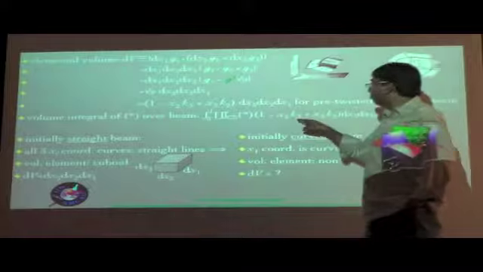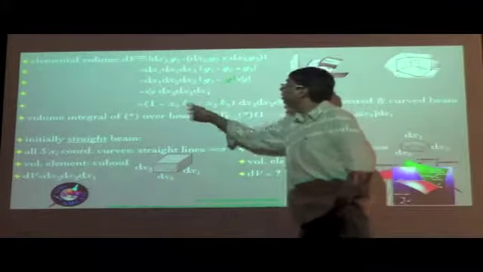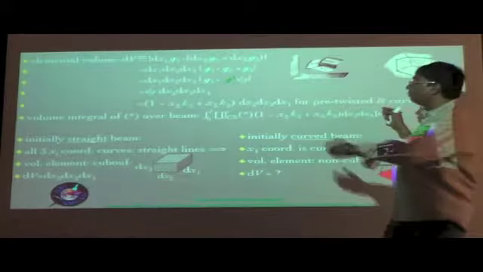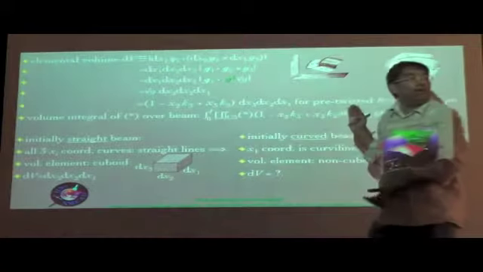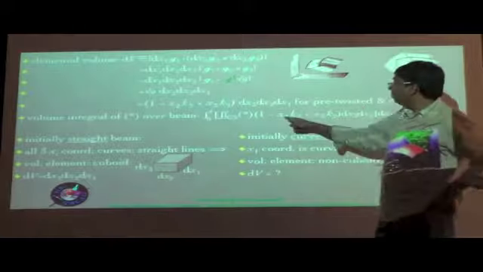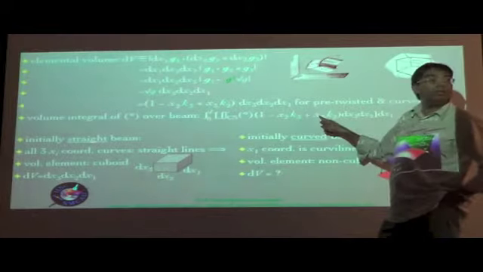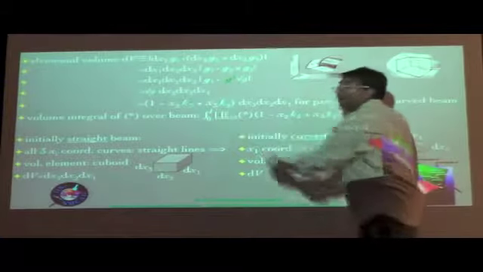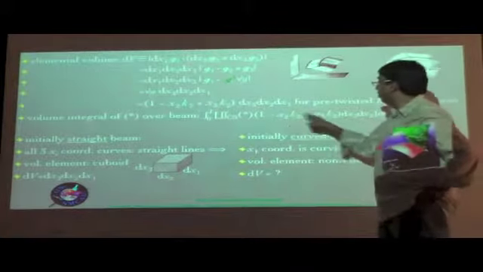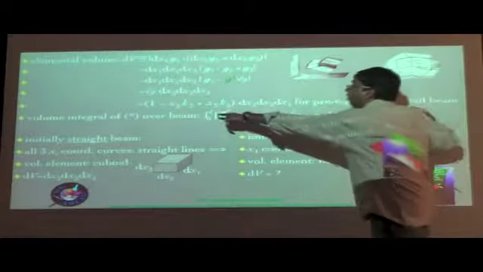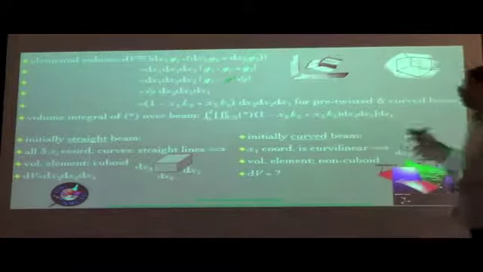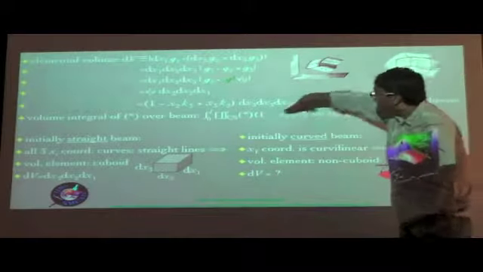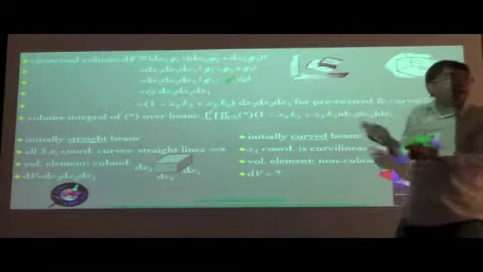And because this expression involves x2 and x3, that cannot be brought out of the inner integral you have over the cross section. There is a dependence on x2 and on x3, so it has to be within the inner integral as well. Of course, k2 and k3 will be functions of x1, and therefore integration over the length will take care of that aspect as well. But the danger is you cannot take this term out of this square bracket. That's what I'm saying.